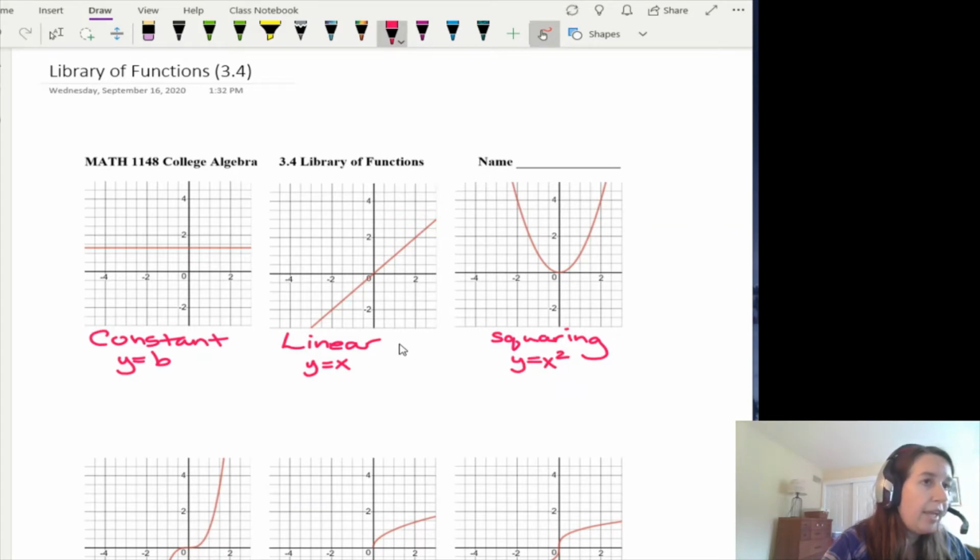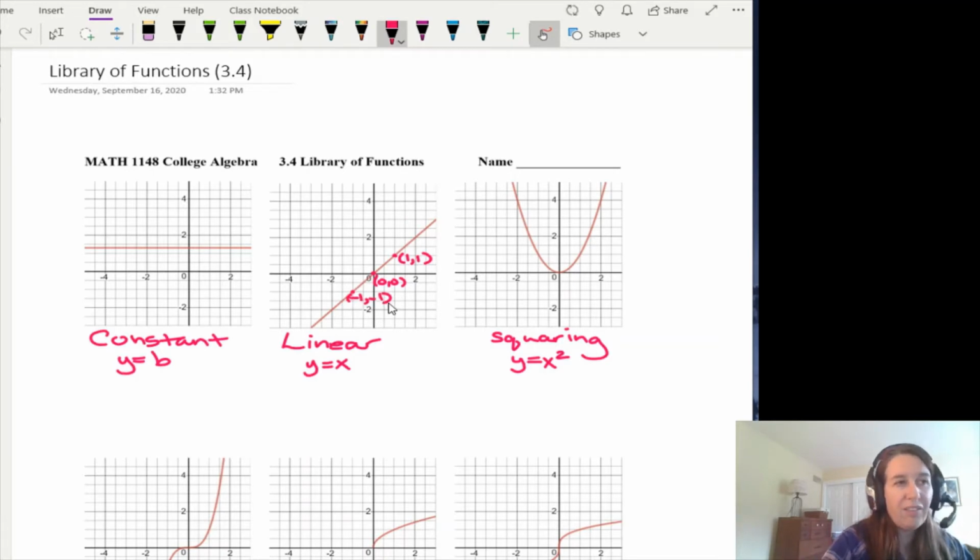I probably should be pointing out some of the key points on these graphs, so I'll do that now. So notice that on this graph, one key point would be 0, 0. Another key point would be 1, 1. And another key point would be -1, -1.